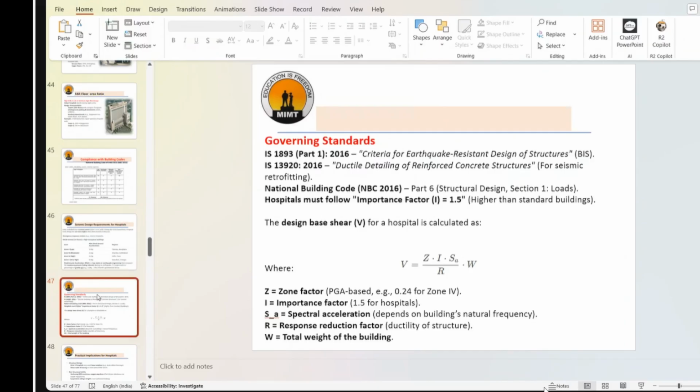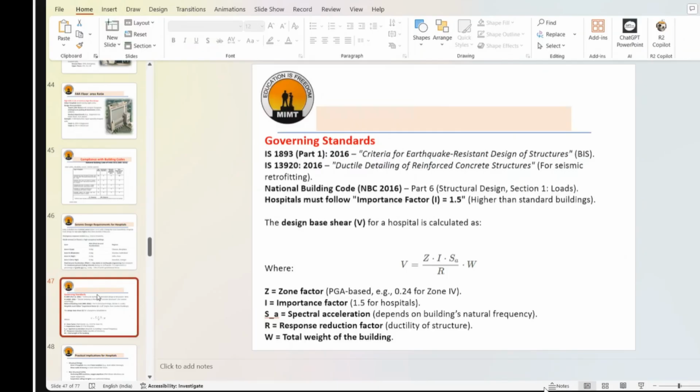Then a few standards. I mentioned that you can refer to the book, but there is no point discussing all those things. IS 1893 Part 1, 2016, criteria for earthquake resistant design of structures. IS 13920, 2016, ductile detailing of reinforced concrete structures.